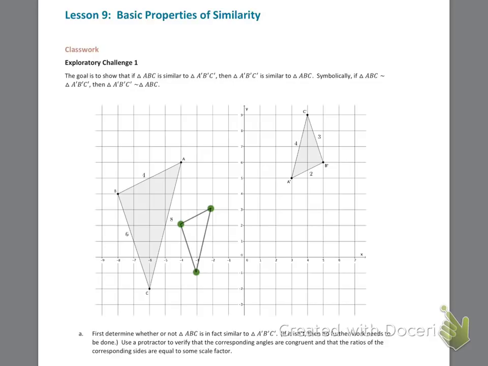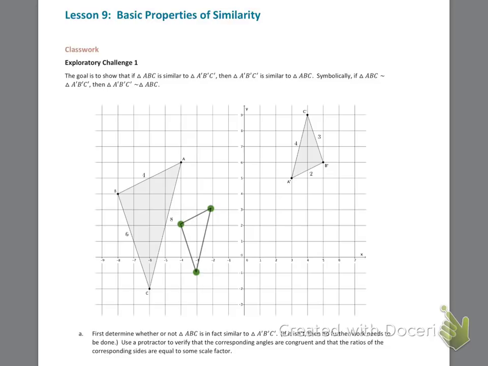You could also use rays, of course, coming out from the origin through the points, like so. But when I'm on the coordinate grid like this, the easiest thing really is just to multiply the coordinates by the scale factor.